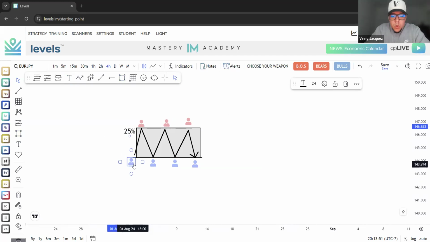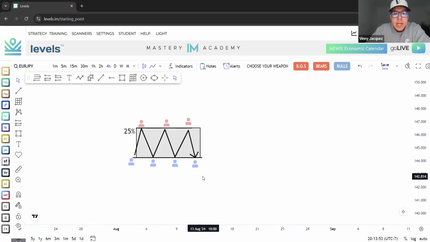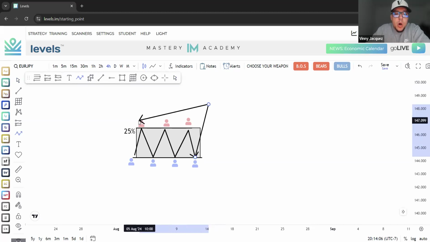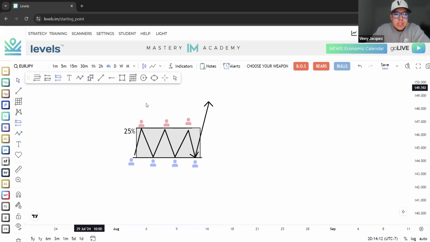Now, what we need to see is the banks come in and take liquidity. So if we're looking for sells, I would like to see the banks push up, push up, push up, and sweep all of these sellers. Because you've got to think, when people are trading off support and resistance, this is how they're doing it.